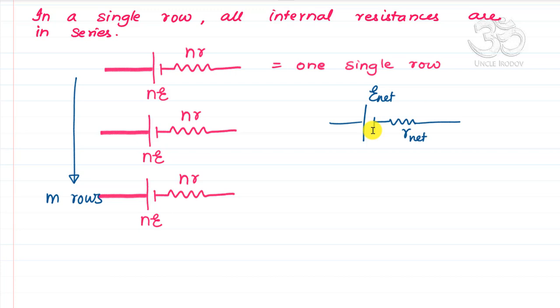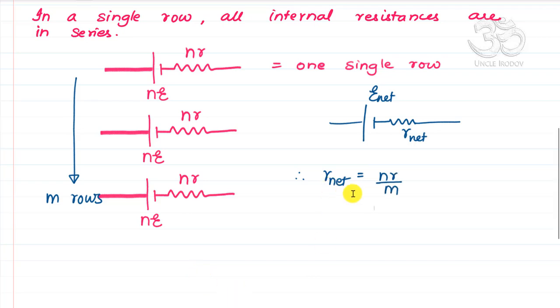This is what I get finally, is what I'm claiming. I can figure out the value of R net very easily, because R net is this nr, this nr, this nr, and all those nrs attached in parallel. So therefore R net becomes nr divided by m.